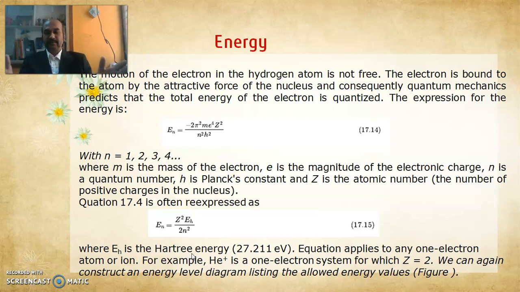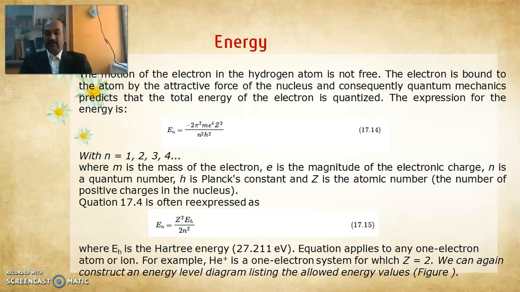Hartree energy, its value is 27.211 electron volt. The equation applies to any one-electron atom or any one-electron ion. For example, helium plus is a one-electron system for which Z is equal to 2.